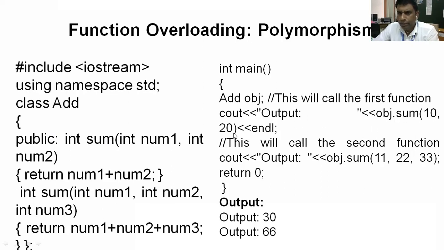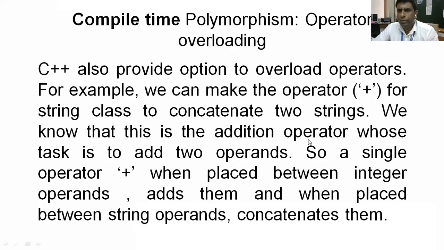Here we are passing two parameters, so this function is called, and with object dot sum passing three parameters, this function is called. So the function name sum is single, and we get multiple behaviors with the sum function. That is called function overloading, and it is compile time polymorphism.